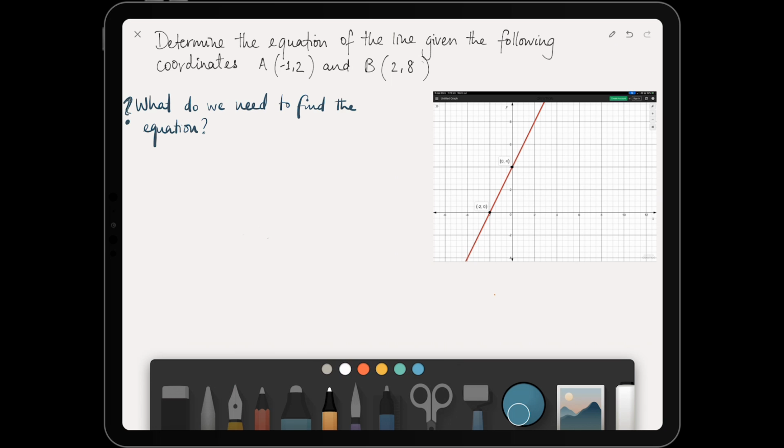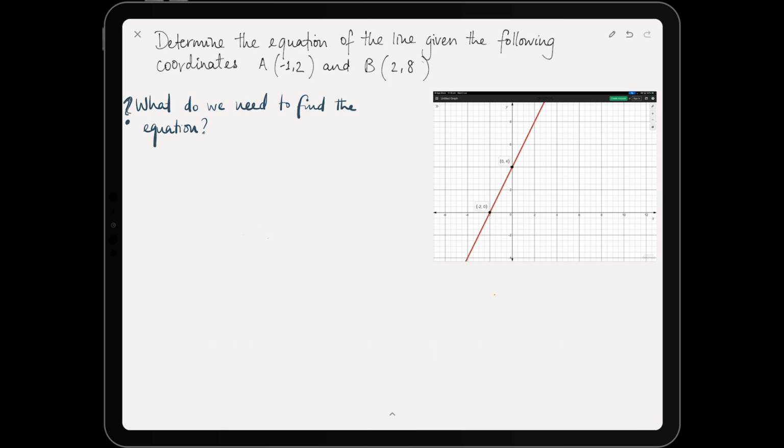I'll just change the color of my pen. We're told to determine the equation of a line given the following coordinates. We've got where a equals (-1, 2) and b equals (2, 8). I've got the matching graph to it. I haven't actually graphed those coordinates, unfortunately. It was a little bit difficult to do.